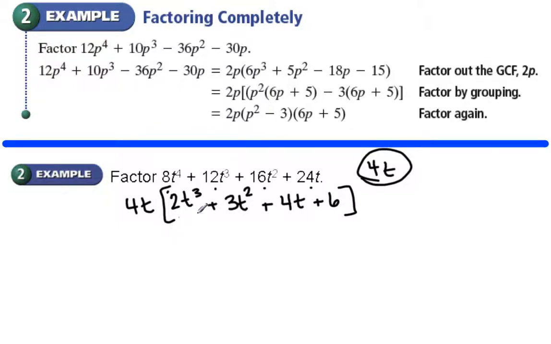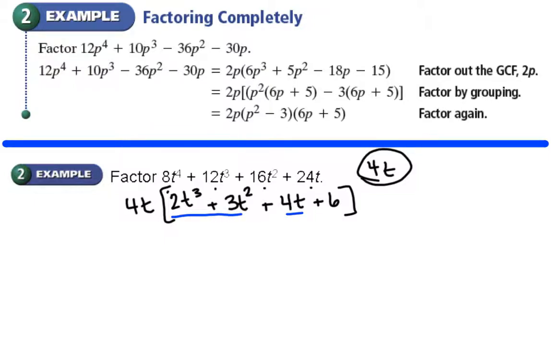Okay? So I like to go through and just double check, make sure that I did not do some silly math. 4 times 2 is 8, 4 times 3 is 12, 4 times 4 is 16, and 4 times 6 is 24. Got it.